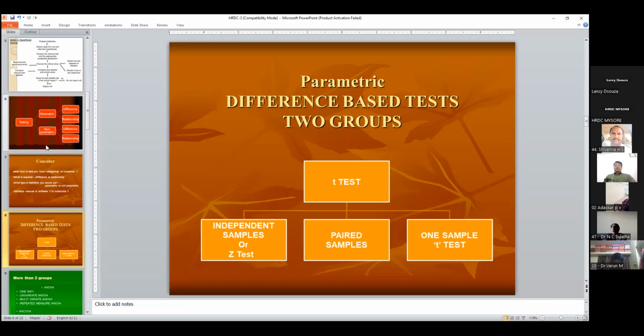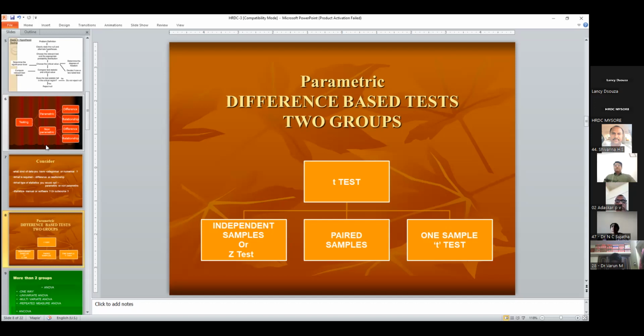Now your dependent variable is perception, whereas your independent variable has two levels: farmers from rural area and farmers from backward area. So now you can find out a mean difference in their opinion regarding government policies. So now it becomes an independent samples t-test.